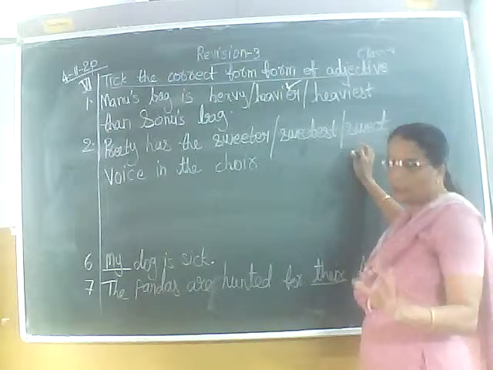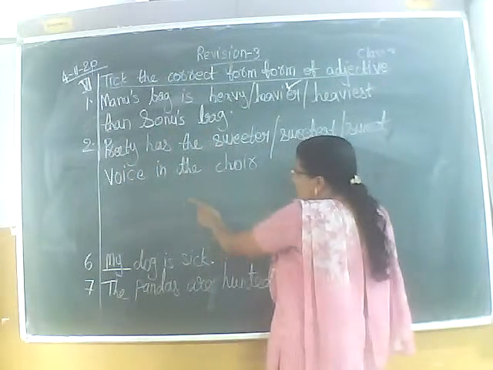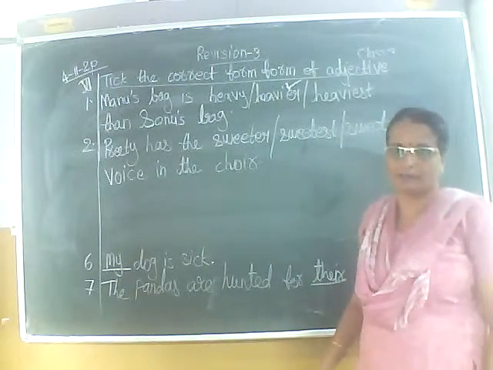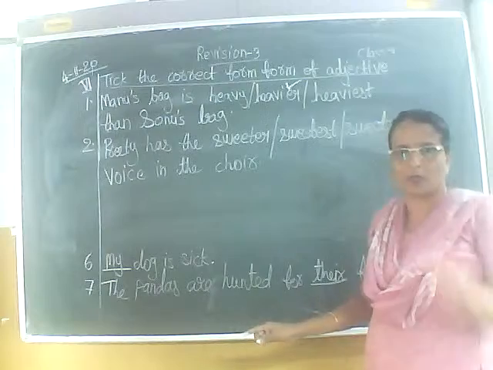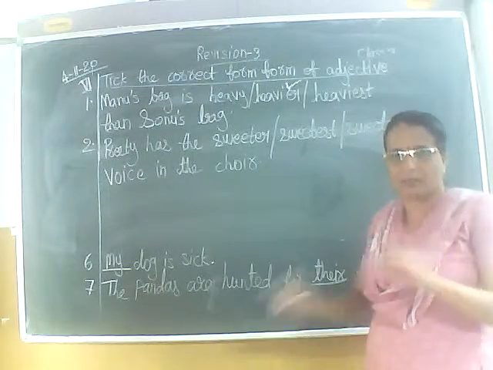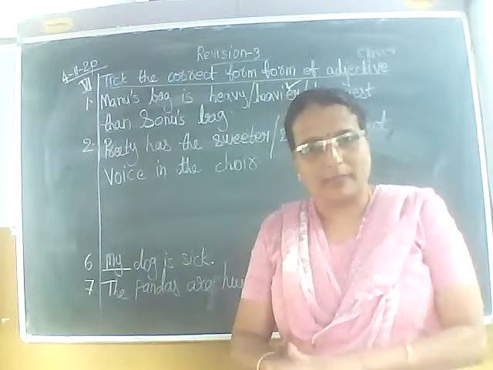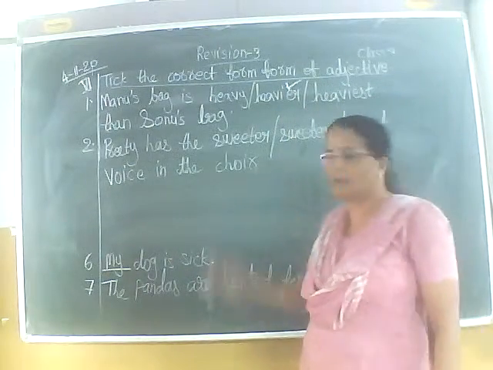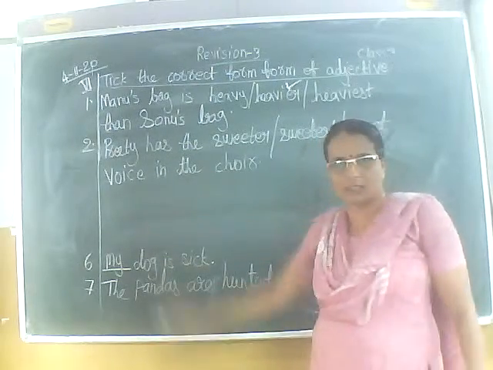First of all, we are comparing Preeti's voice with that of all the members in the choir, right? We are not comparing Preeti's voice with another person, not with two people, but with more than two people, with all the members in the choir.